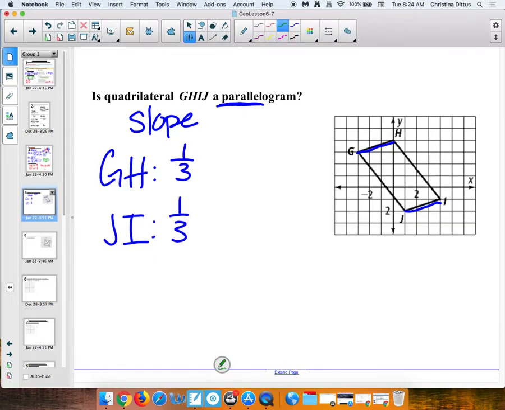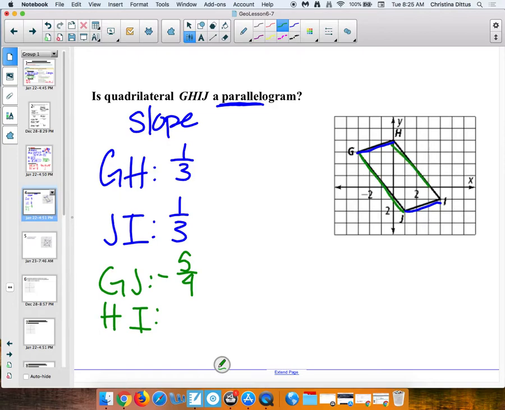Am I done? No, you've got to do the other ones: GJ and HI. I'm counting it wrong. You guys do not. Negative 5/4. And how about HI?